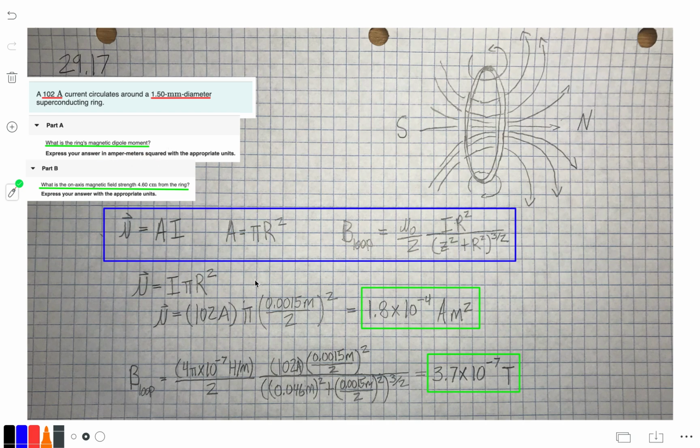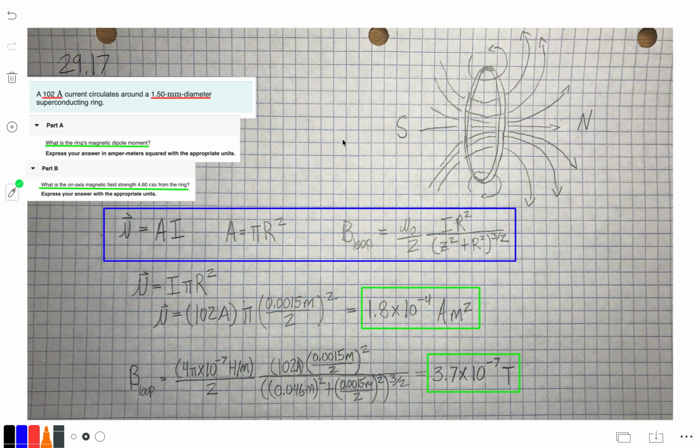So in the second part of the problem, as I mentioned, we're going to be using the equation given in 29.5. This equation is taking our vacuum permittivity as well as our magnetic moment, or I guess parts of our magnetic moment equation. It'll give us the on-axis magnetic field.